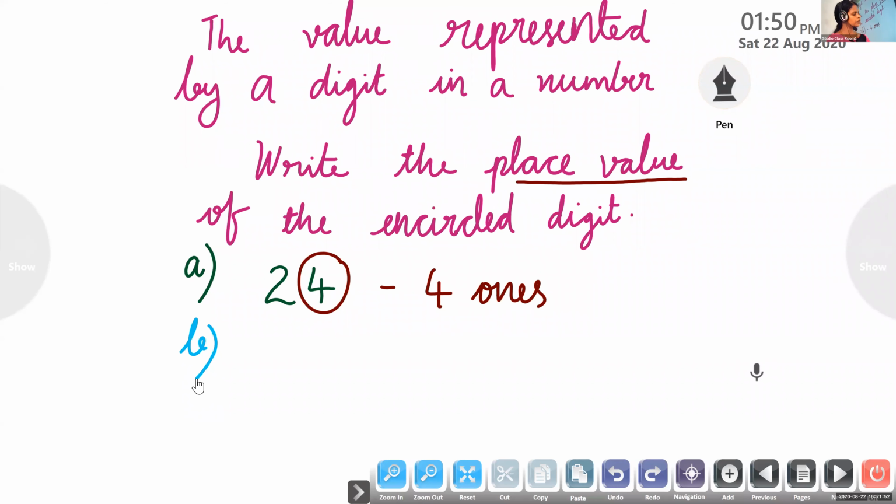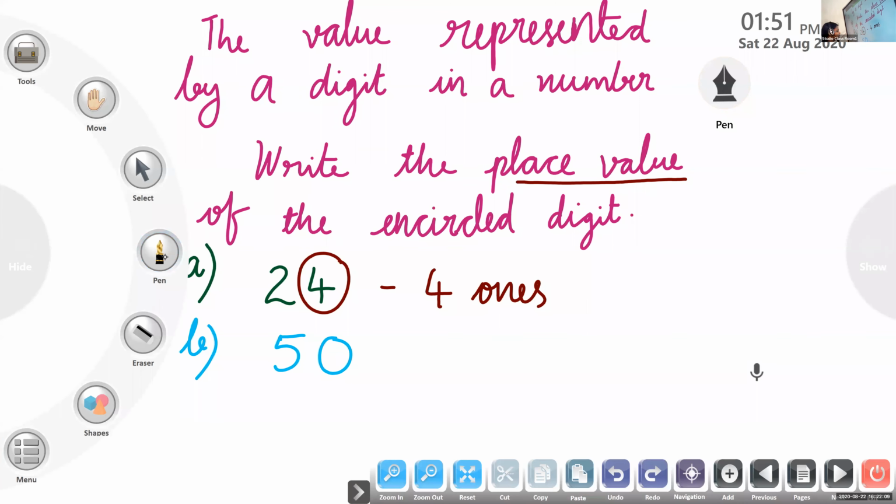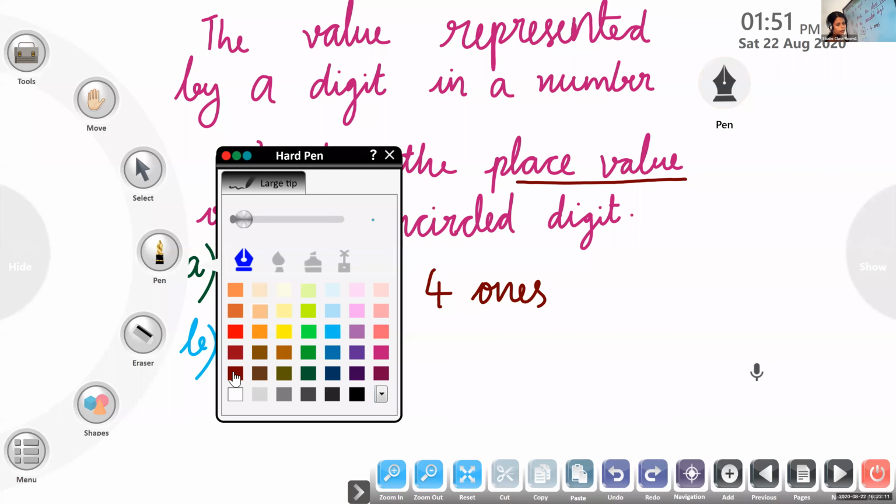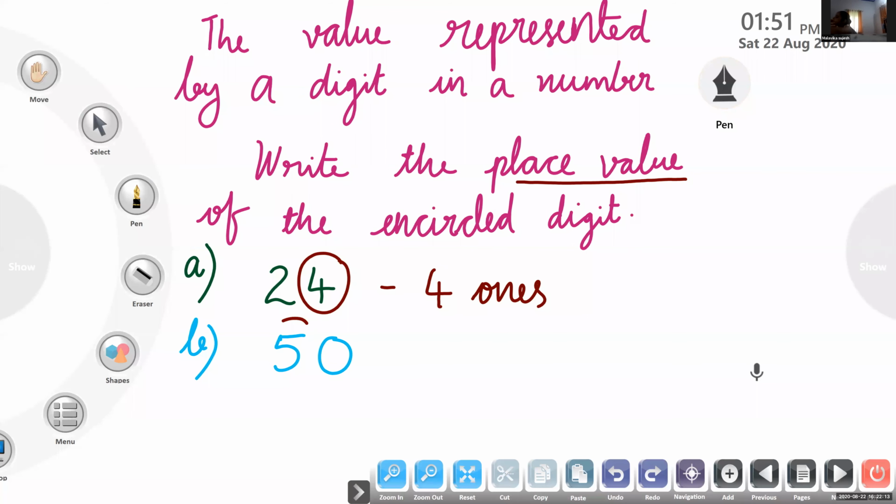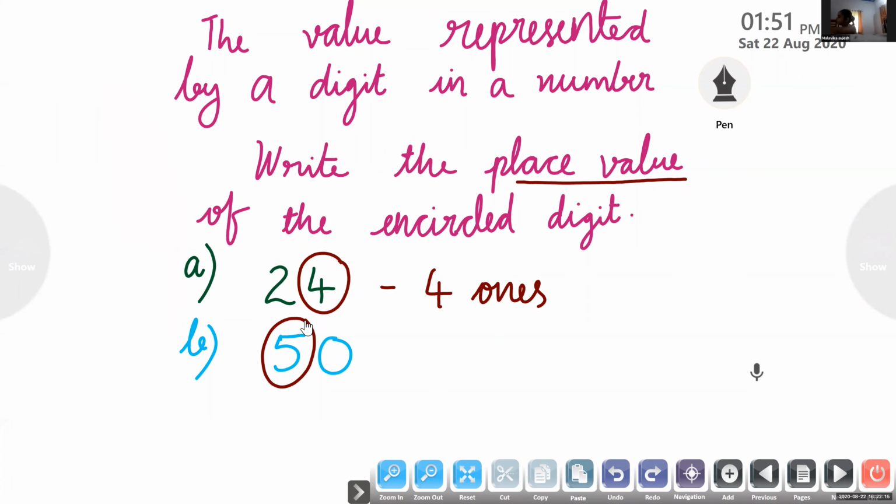Sukirti completed the first one. Shall I move to the next one? And we have the next number 50. The digit which is inside the circle is 5.